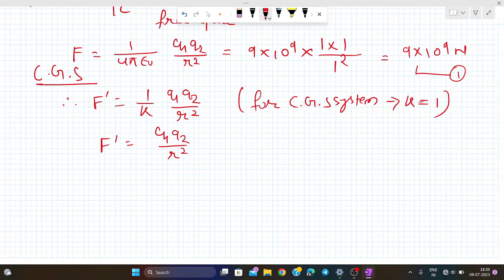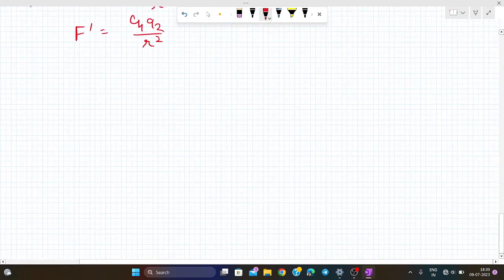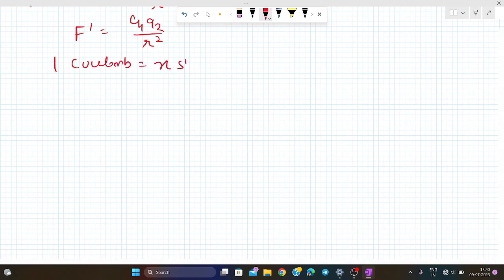We have taken that 1 coulomb is equal to x stat coulomb. So what will the values of q1 and q2 become?